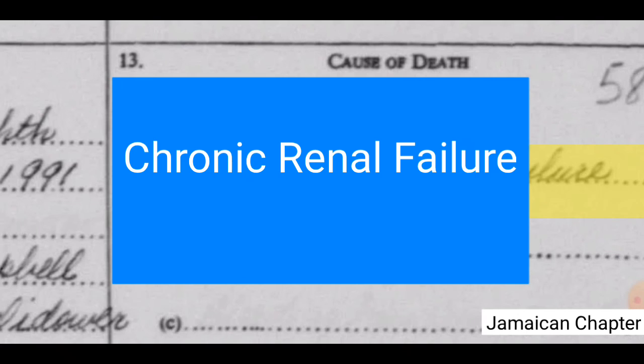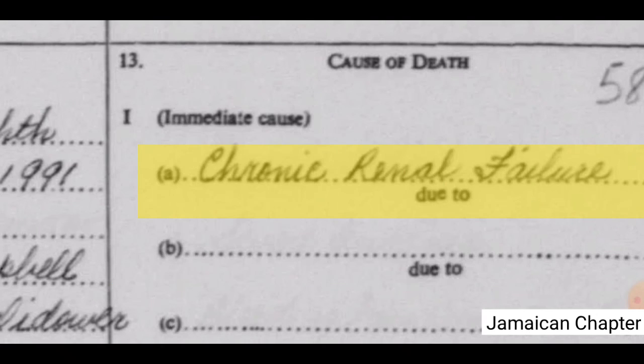And renal failure means kidney failure. So he had some problem with his kidney over a period of time. And that's why the word chronic is used. So Governor General Sir Clifford Campbell died from kidney failure.